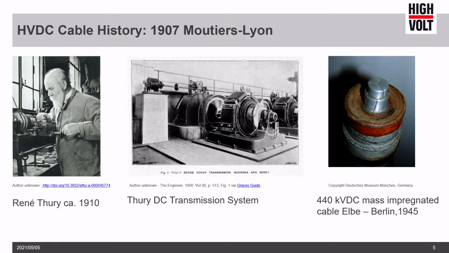Unfortunately, for the cable used in 1907, there's no picture available. What I found was a picture from the Deutsche Museum in Munich, where we see a 400 kV DC mass impregnated cable, which was taken into service only for a short time in 1945. The cable must have looked nearly the same as what we see here in the picture. Nevertheless, I think we should ask Marc how the technology was developed from there to the status we are discussing today.